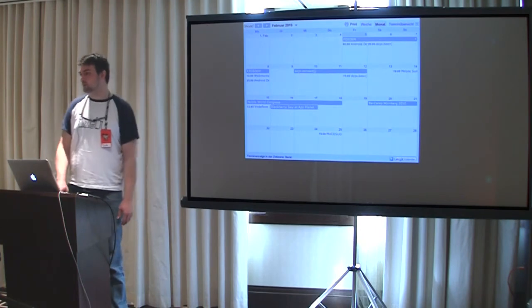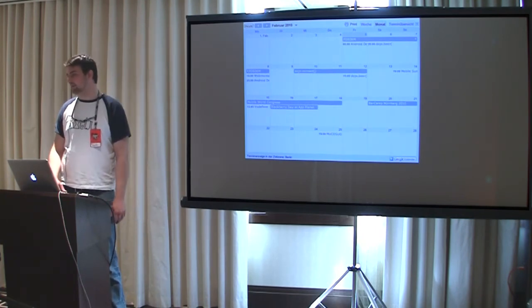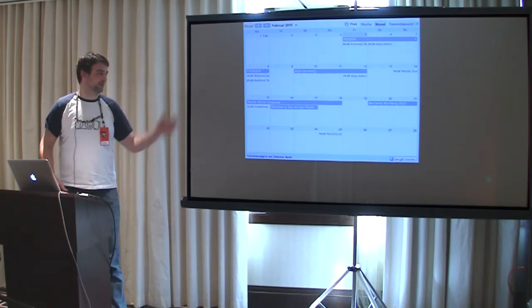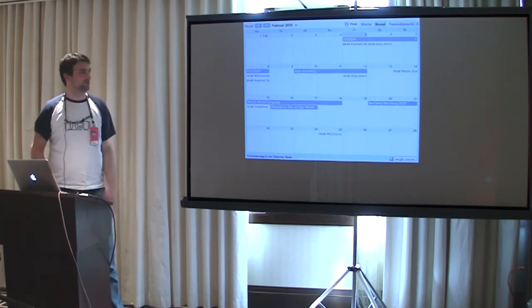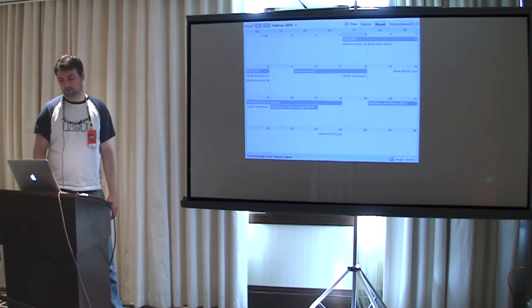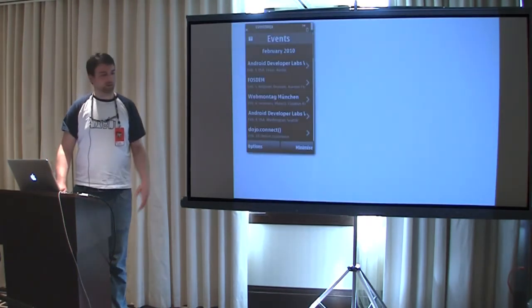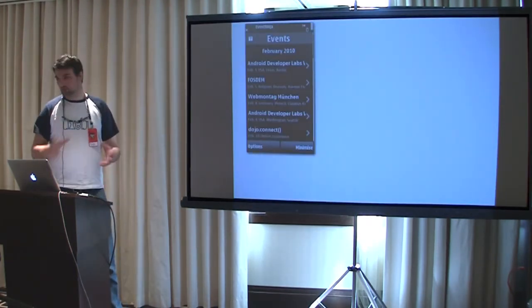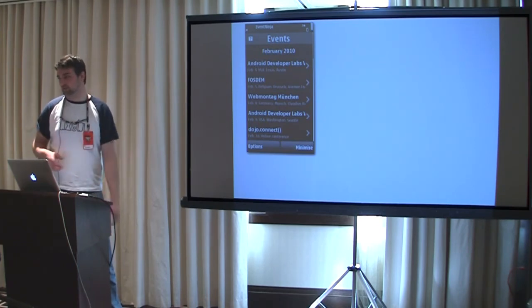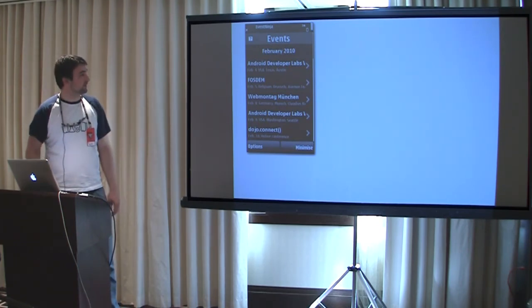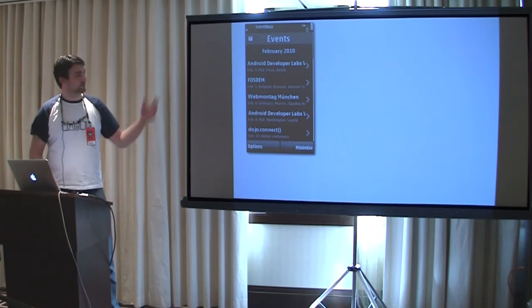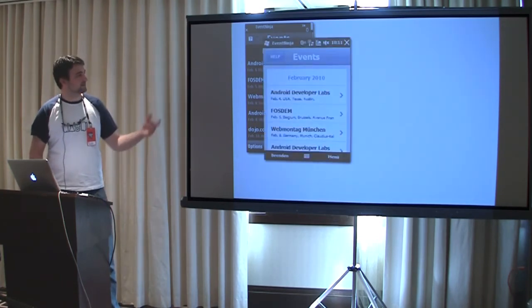We said we don't want to write a calendar again, so we just picked a Google Calendar and filled our dates in there. Then we just packaged it up and brought it to the different devices. Here, this is a Nokia device with a different look and feel. Then this is running on Windows Mobile with an iPhone look.